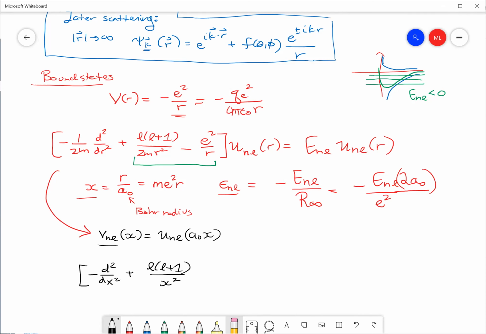You'll practice this on the homework; it's just some algebra, changing variables from r to x and from E to this epsilon. What you get here is something that just has numbers in it.